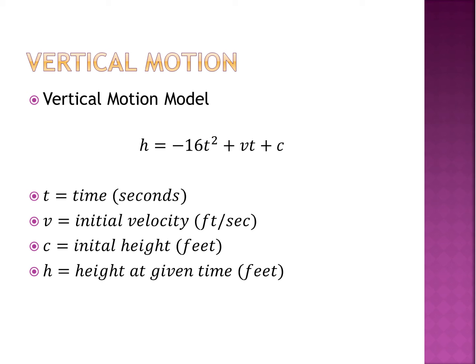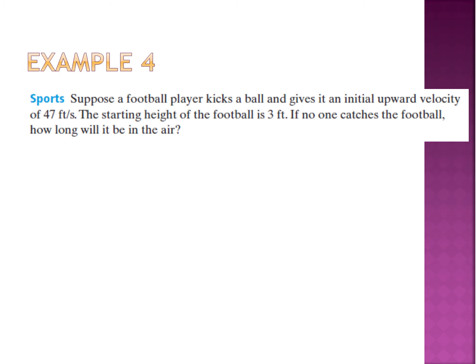This v is the initial velocity that the object is being launched, measured in feet per second. C is going to be your initial height that the object is being launched from. And then this height here is the height at any given time, because remember, this is going to create a parabola. So it's that height at any given time along that trajectory.